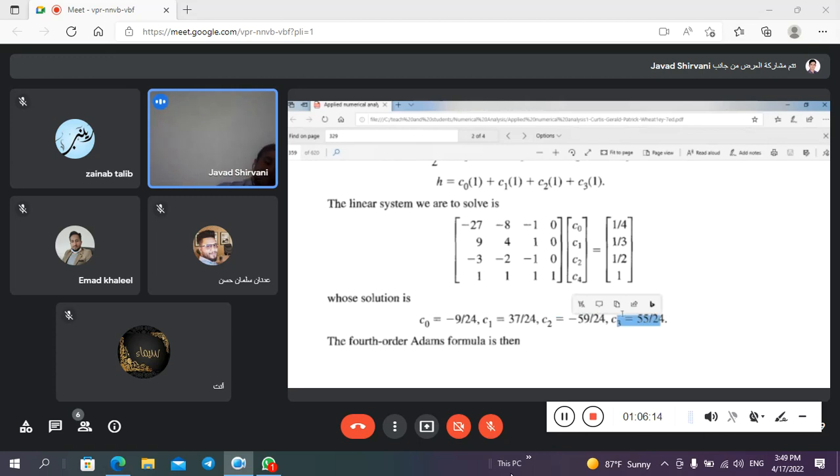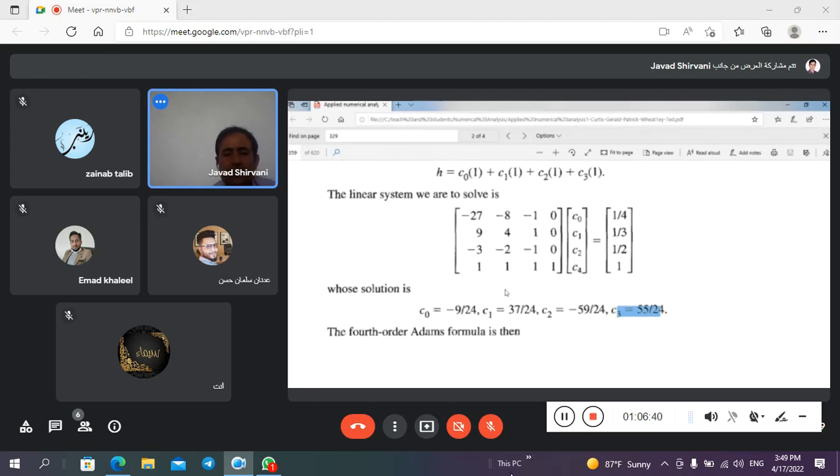These values are obtained, and you can solve this very easily in MATLAB or other software, but the important thing for us is these values, not just solving them.